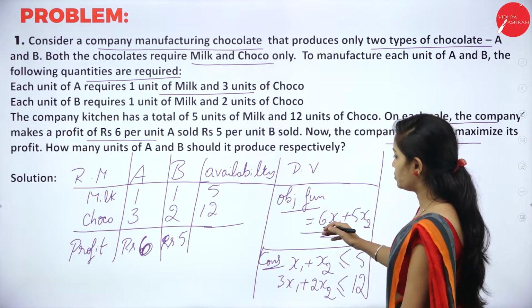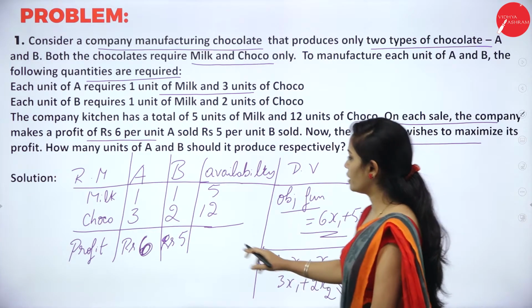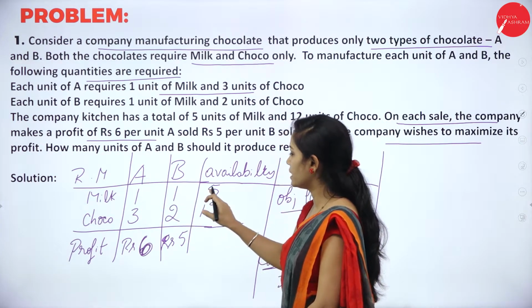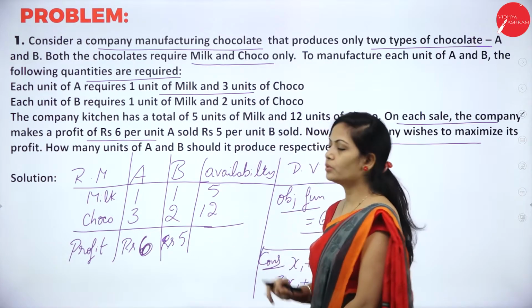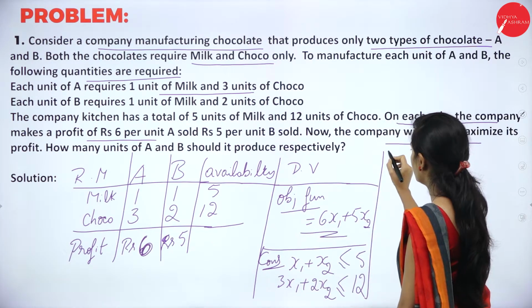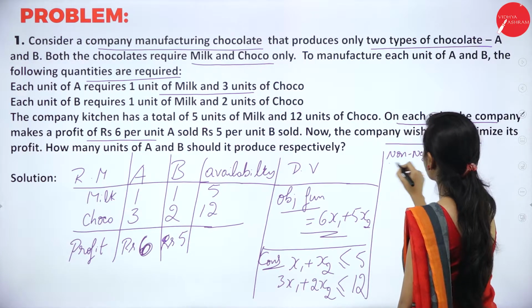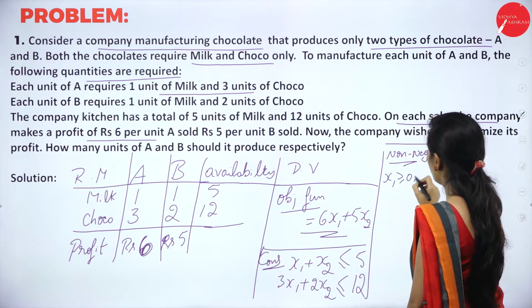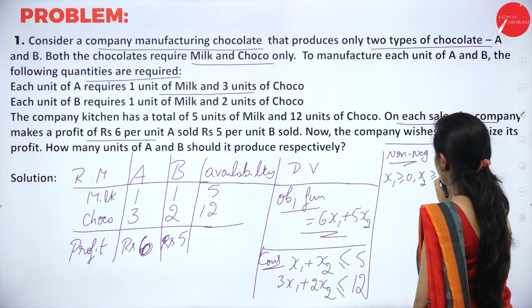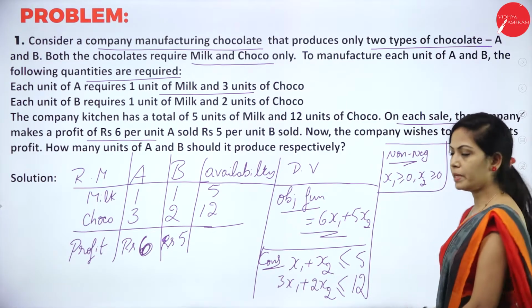So first write the objective function, 6x1 plus 5x2, and the constraints x1 plus x2 less than or equal to 5 and 3x1 plus 2x2 less than or equal to 12, and the non-negativity constraints: x1 greater than or equal to 0, x2 greater than or equal to 0. After this you can construct the LP model.